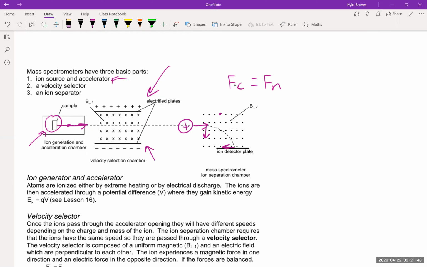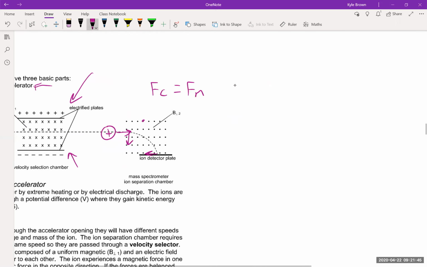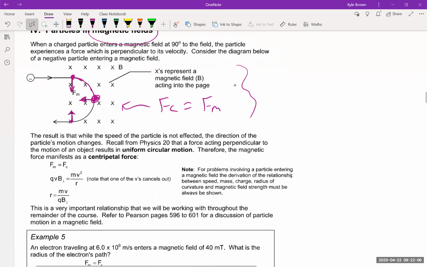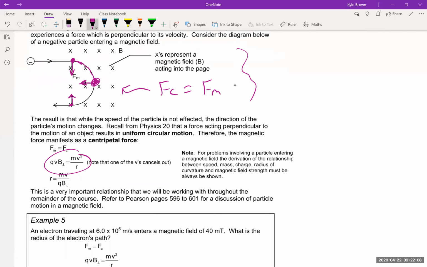Okay, well, let's say FC is equal to MV squared over R, is equal to, and then FM was equal to QVB. So just QVB, right? This is really just from up here. So that's just really this equation.